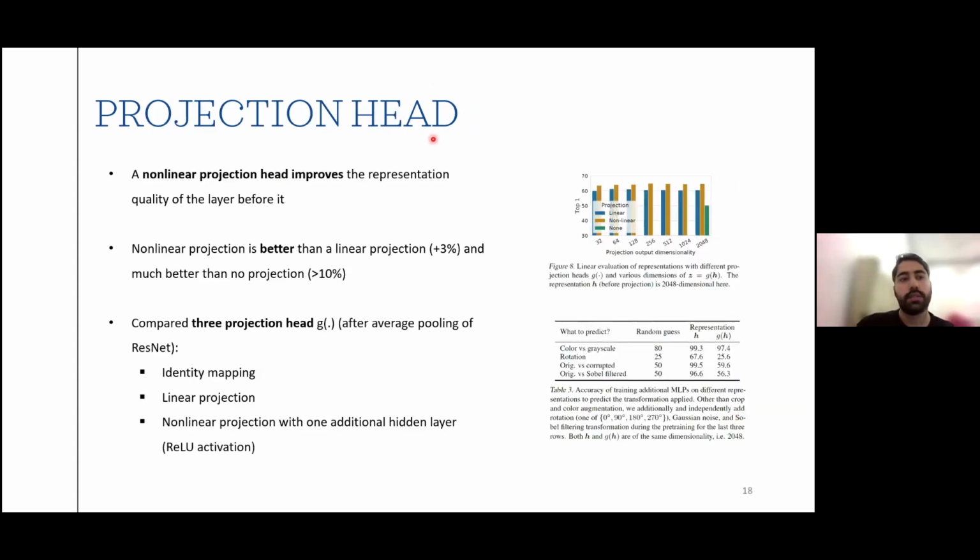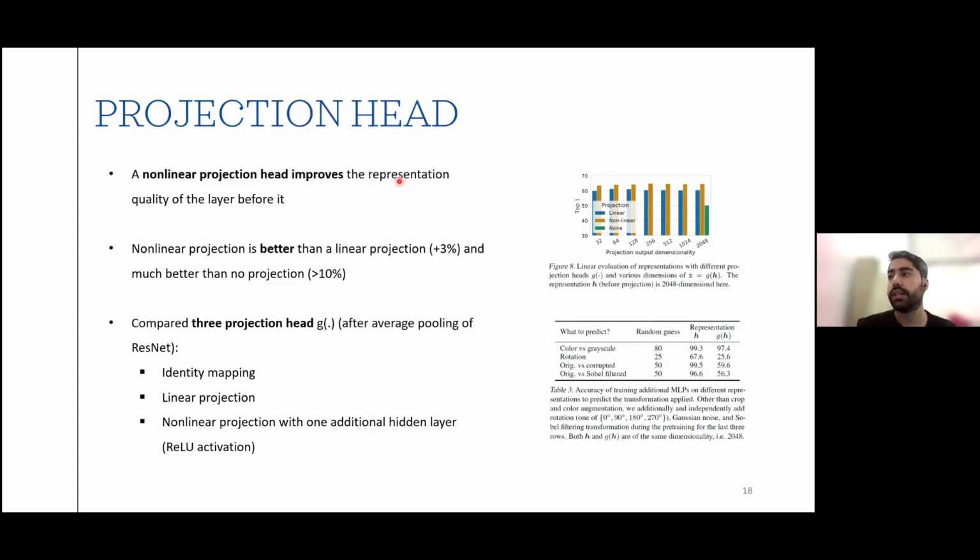So now comes the projection head. As I told, we have a nonlinear projection head, which improves the representation quality of the layer before it. They tried different kinds of heads: linear, non-linear, and none.